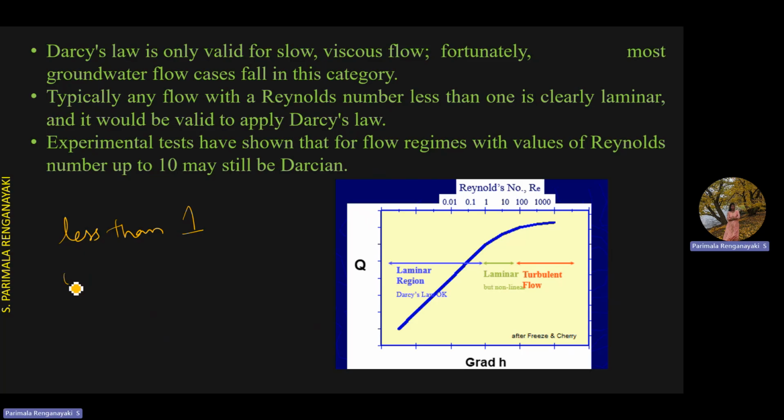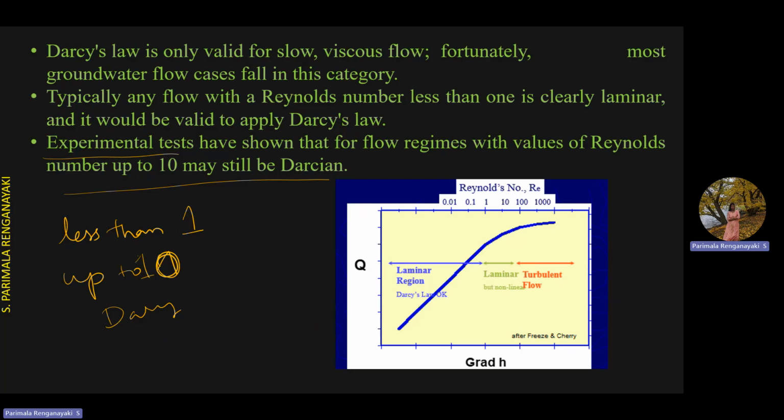But even up to 10, a Reynolds number value up to 10 is also considered Darcy's. See here, experimental tests have shown that flow regimes with values of Reynolds number up to 10 may still be Darcian. 1 to 10 can be considered as Darcian flow only.